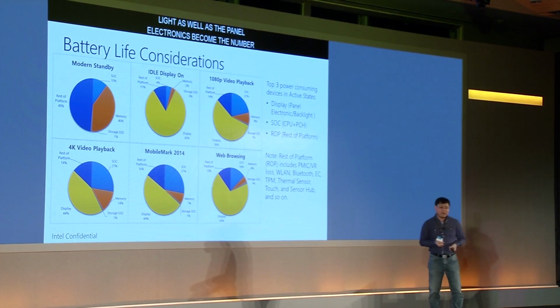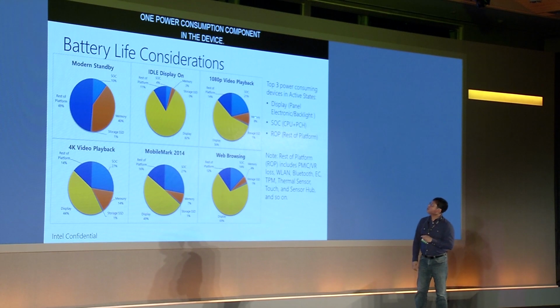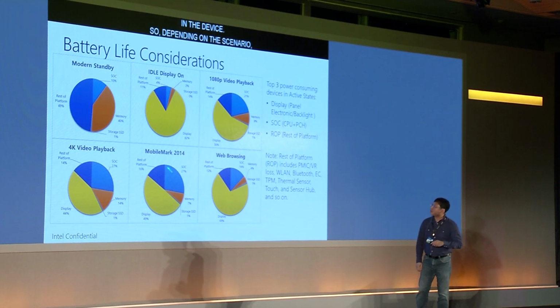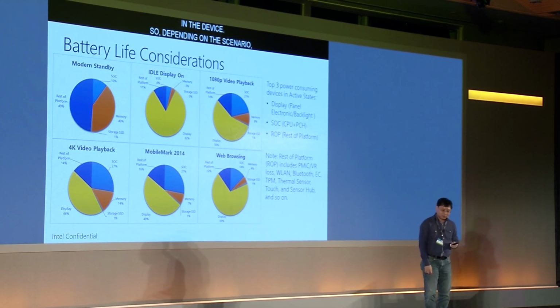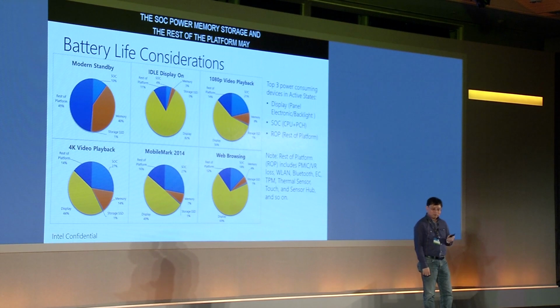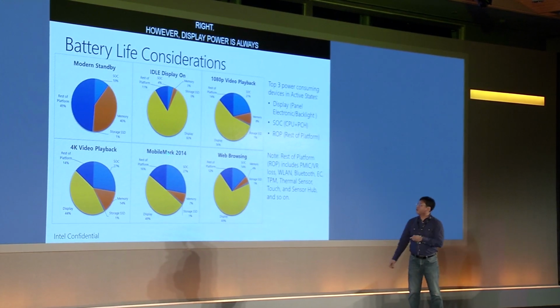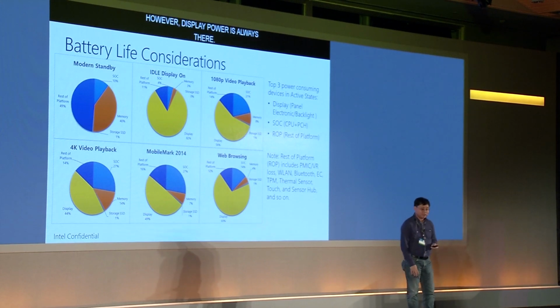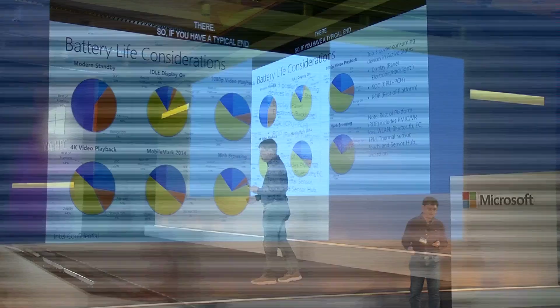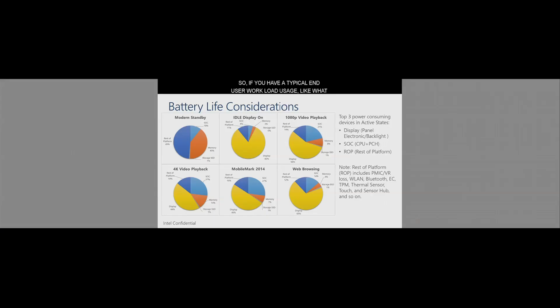Depending on the scenario, the SoC power, memory, storage, and the rest of the platform may vary. However, display power is always there. Even under typical end-user workload usage, like what Mobile 2014 is simulating in its test suites, the display power alone consumes almost half of the battery life at all times.